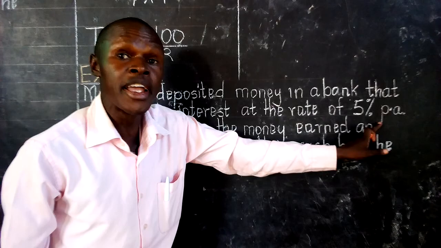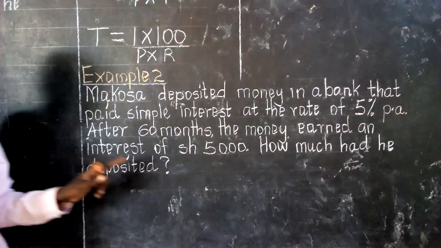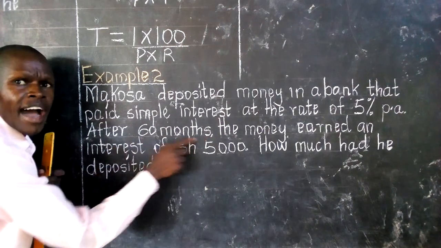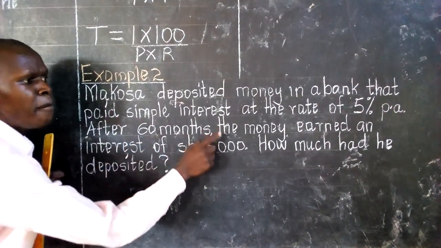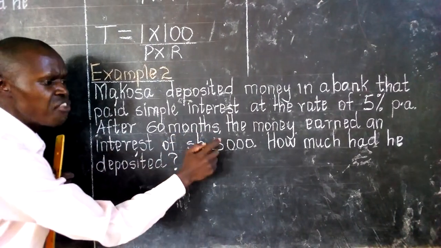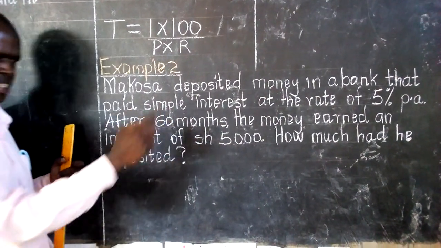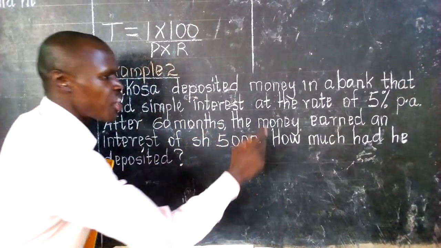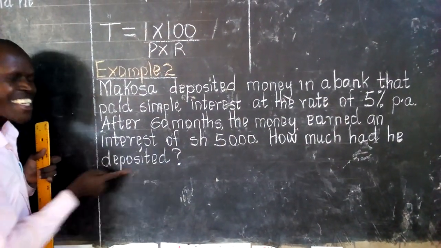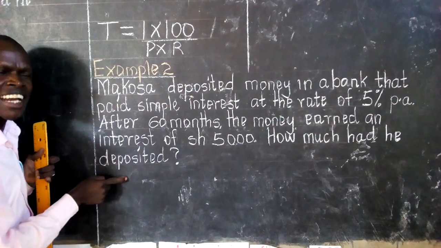Remember, per annum means yearly. After 60 months, the money earned an interest of 5,000 shillings. How much had he deposited?